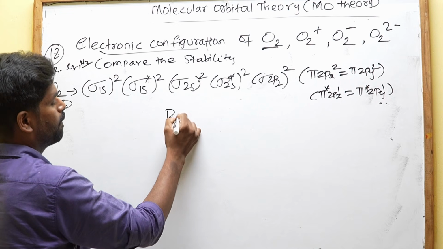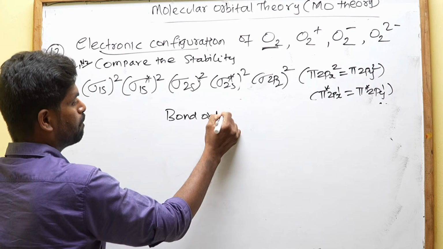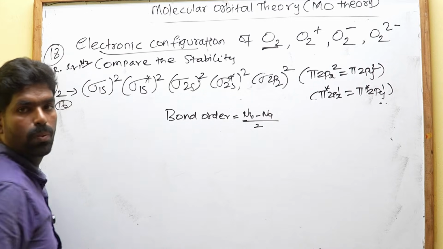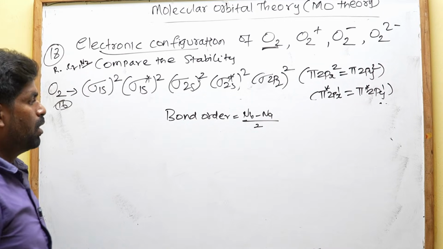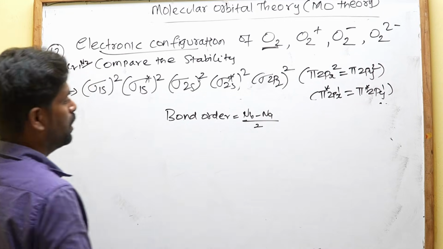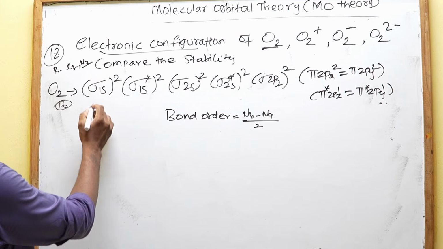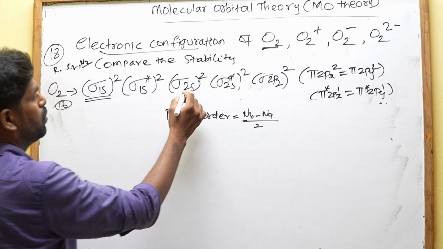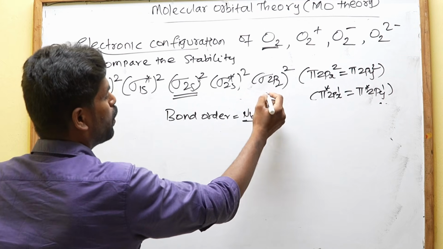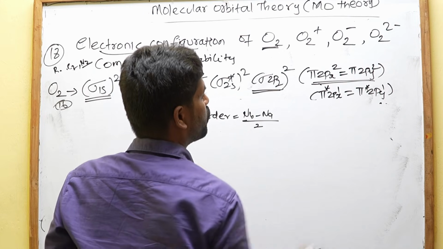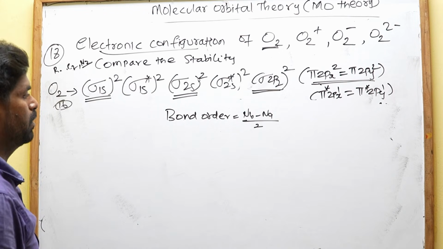So bond order equals NB minus NA by 2. NB represents the bonding molecular orbital electrons, which is 2, 4, 6, 10.